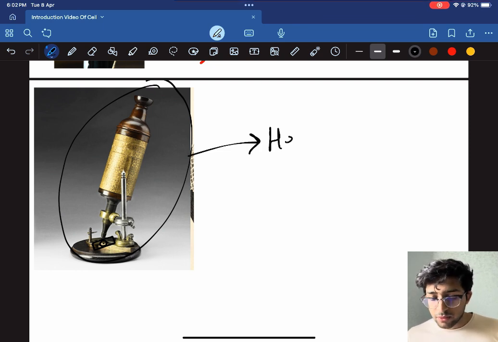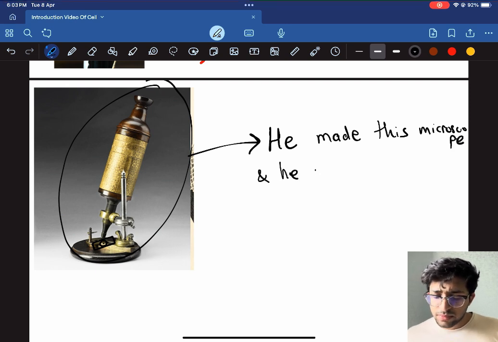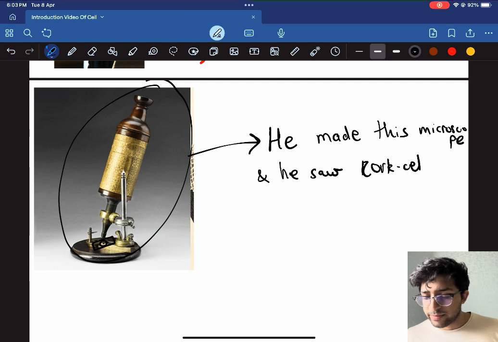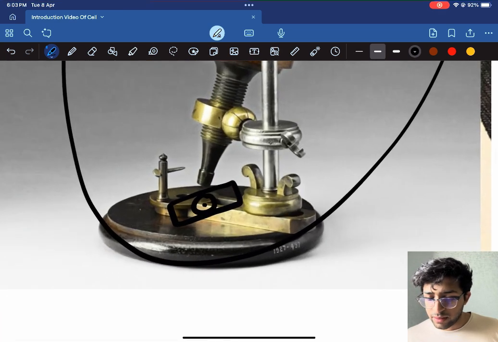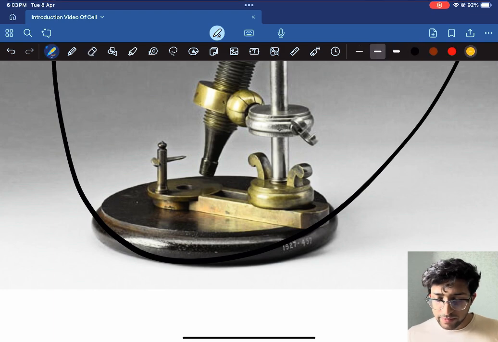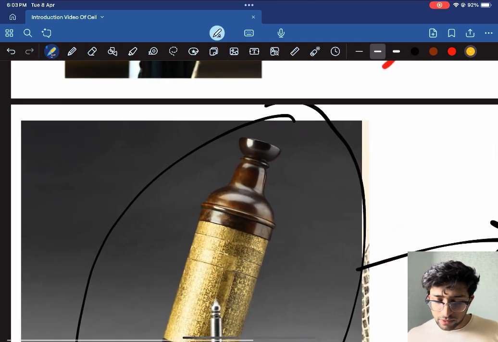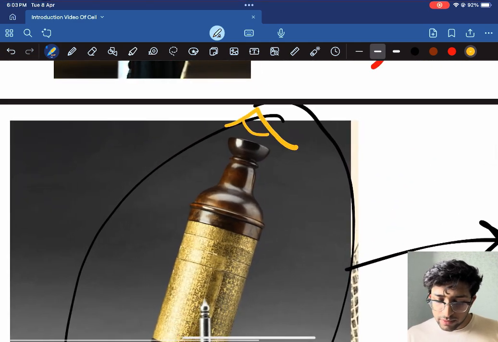Interestingly, Robert made this microscope by himself, and he saw cork cells in it. From where exactly? Over here, as you can see. Over here, he put a slide of the cork cell and he saw it from here.